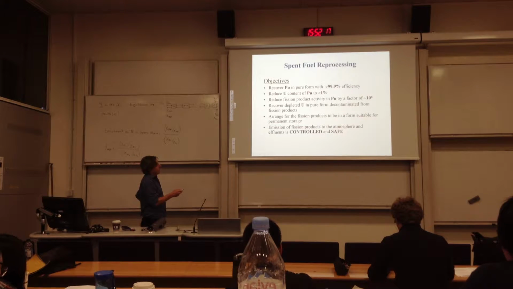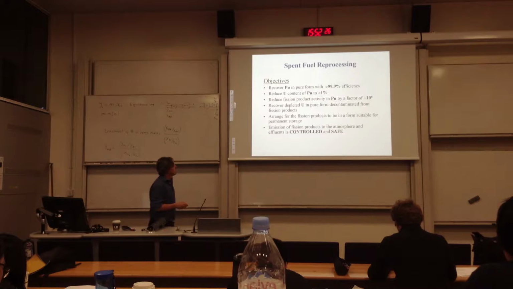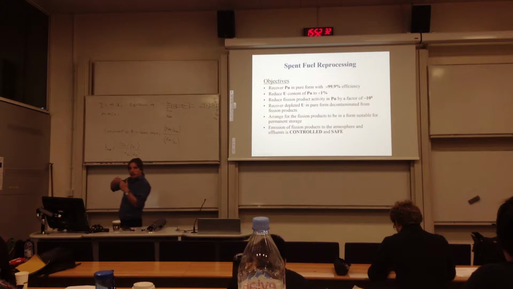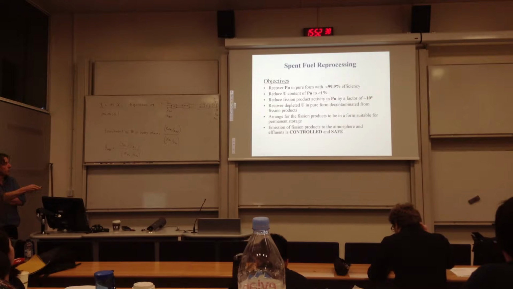The plutonium has to be relatively pure, with a very small uranium content in it, and also with a very small amount of fission products, right? So we're looking here at two slightly different things. The second and third bullet points refer to how pure the plutonium is that we are obtaining.